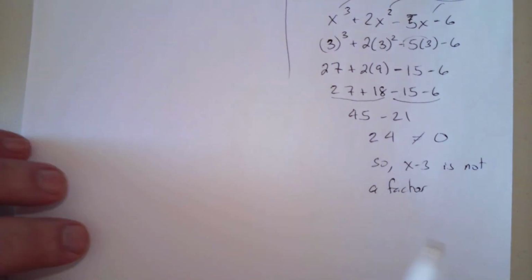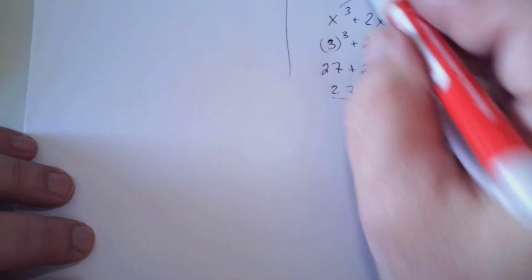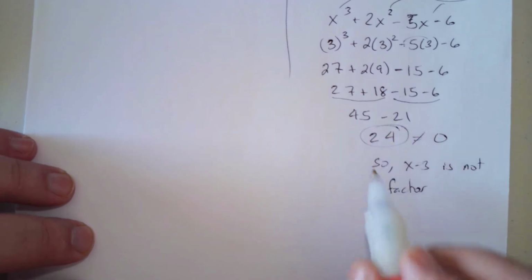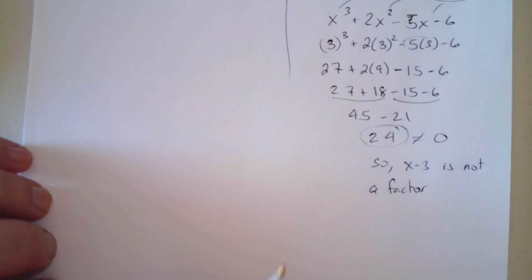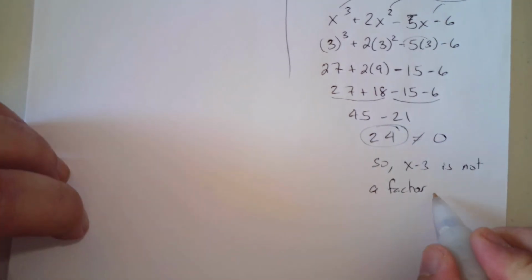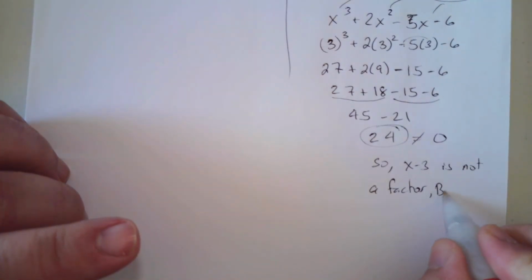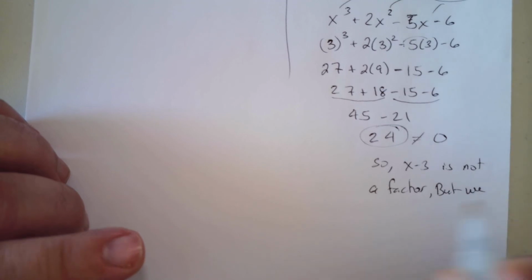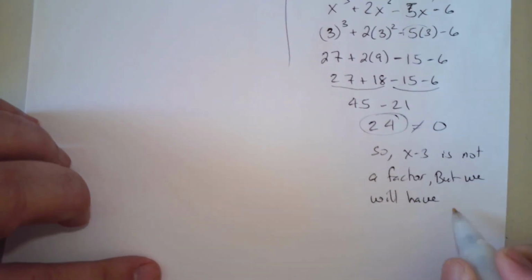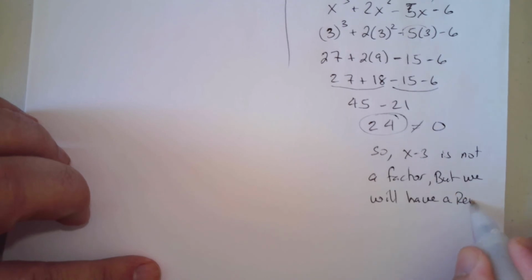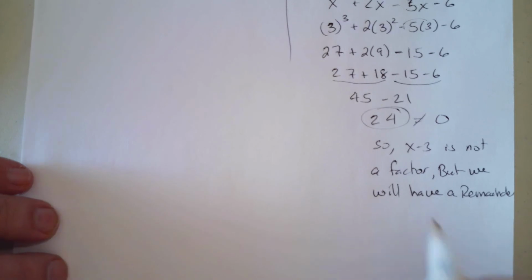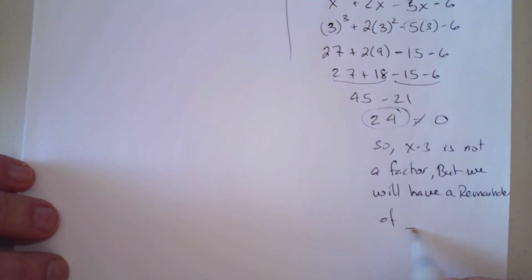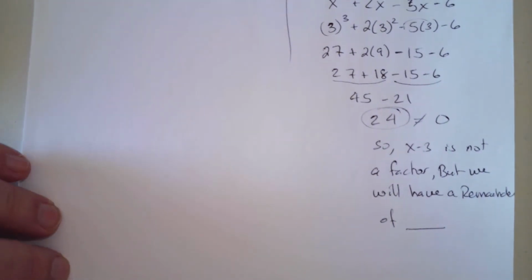And here's another. So remember, if we plugged in that, we got 24, and it's not equal to 0. But we will have a remainder of, this is the cool part.